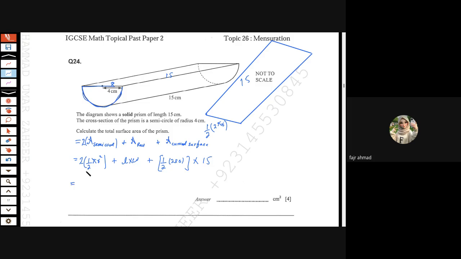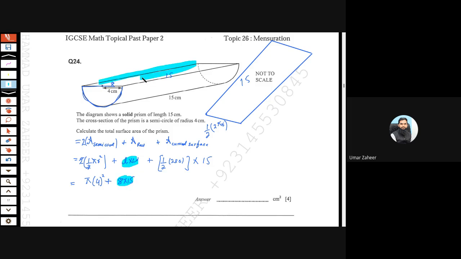Yes, sir. I'm substituting the value. Radius is 4 square, plus the length multiplied by width, the top rectangle basically, that is 8 multiplied by 15. We just have to make a color.